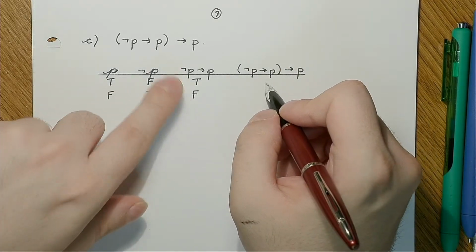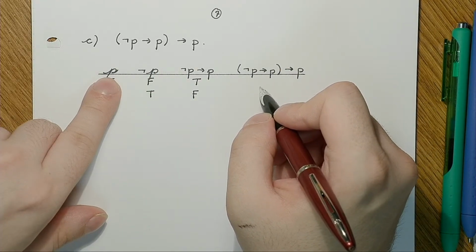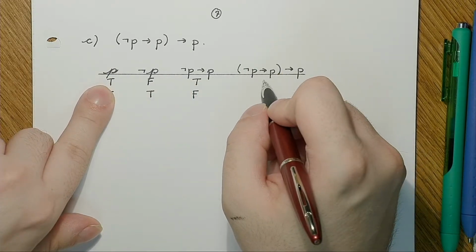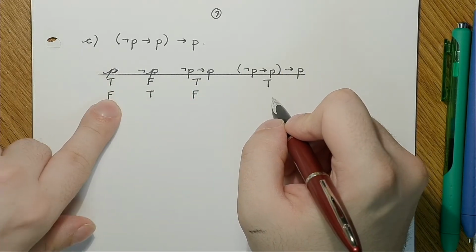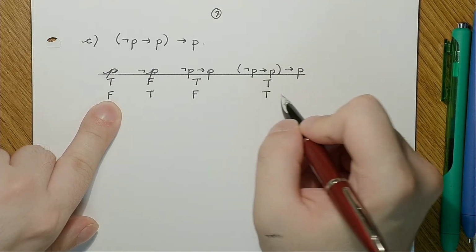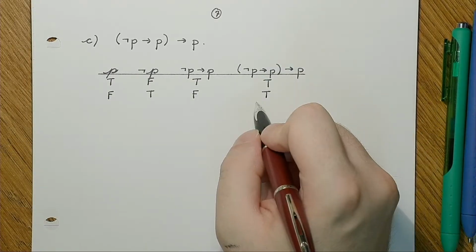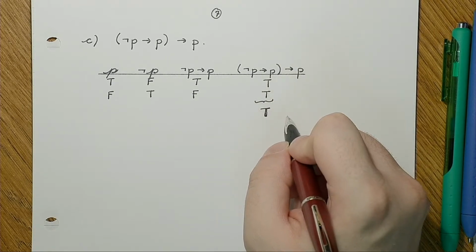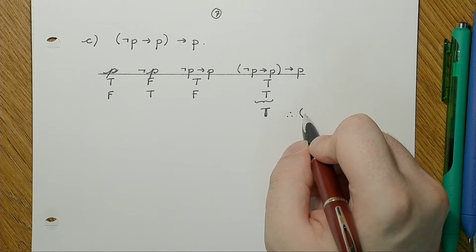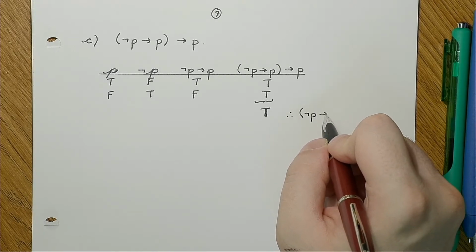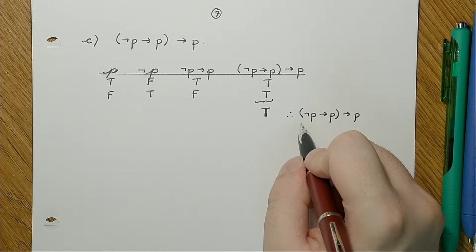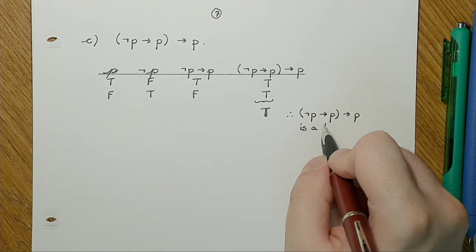And then the next thing is I take this column and I apply it to P. So I stepped in poison ivy, I got a rash, this is true. I didn't step in poison ivy, I didn't get a rash, this is true. Therefore, not P implies P implies P is a tautology.